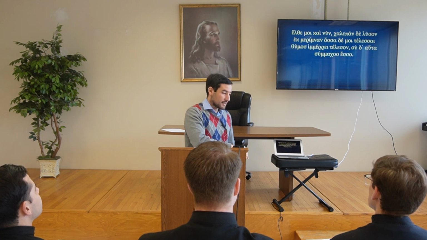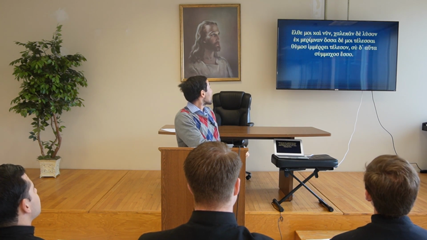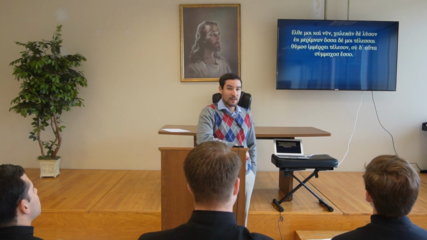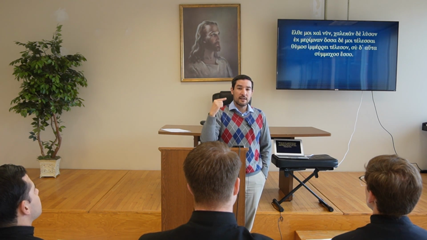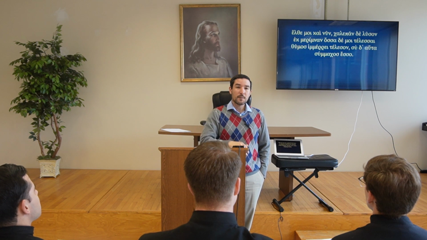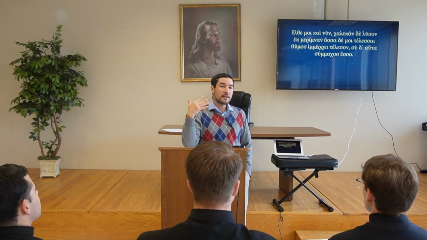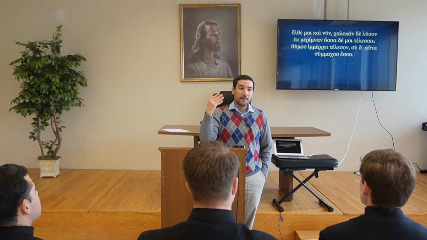Elthe moi kainun halepan delison ek merimnan hossa demoi telesa ithimo sime reiteleson sidauta simachos eso. This is 11, 11, 11, 5. This is a Sapphic stanza, and we always follow the same pattern in Sapphic stanzas.